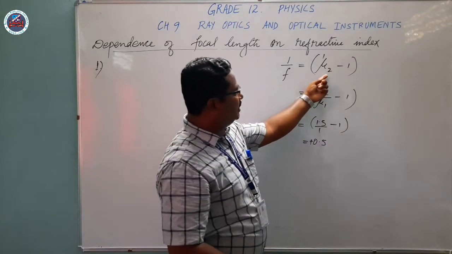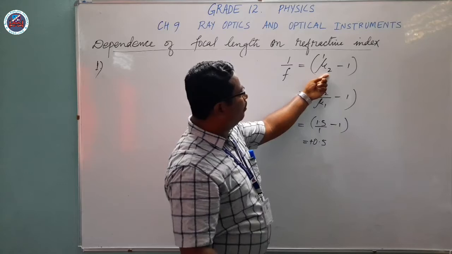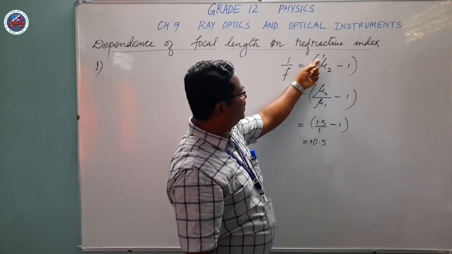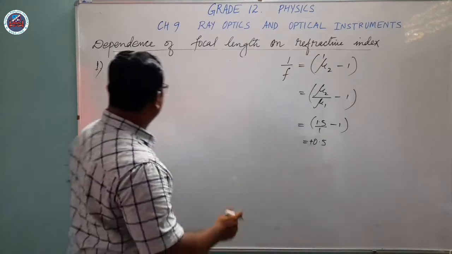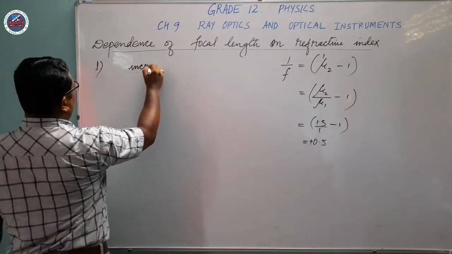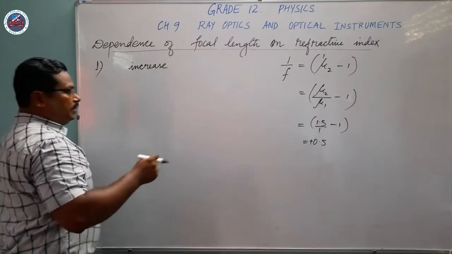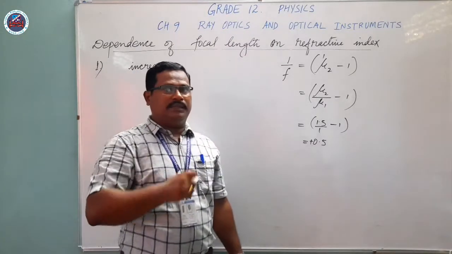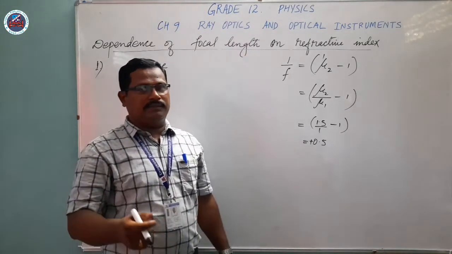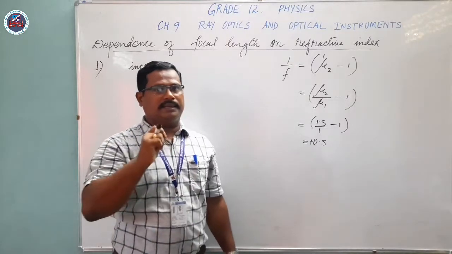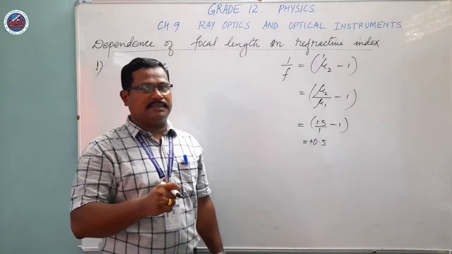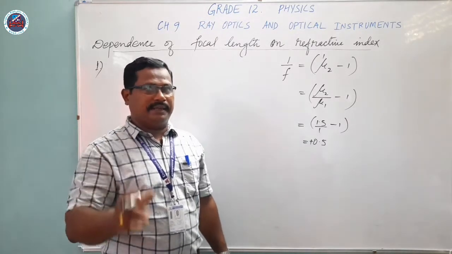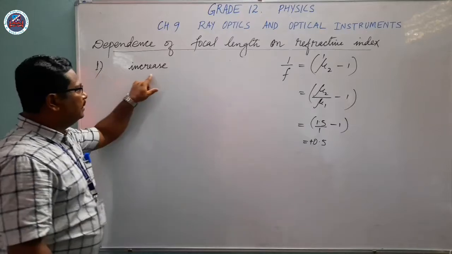If the refractive index of the liquid becomes more compared to the lens material, then the focal length will increase in magnitude. If you dip a convex lens inside the medium, then its focal length will increase. If you take a concave lens and dip it inside a liquid whose refractive index is less than the material of which the lens is made, then its focal length will increase.